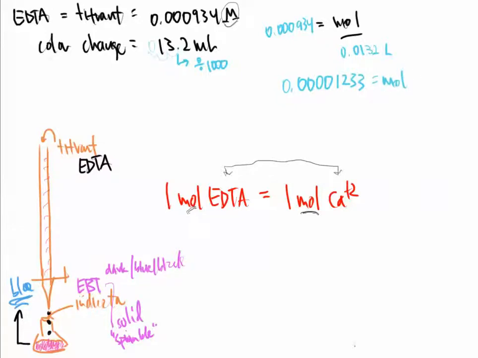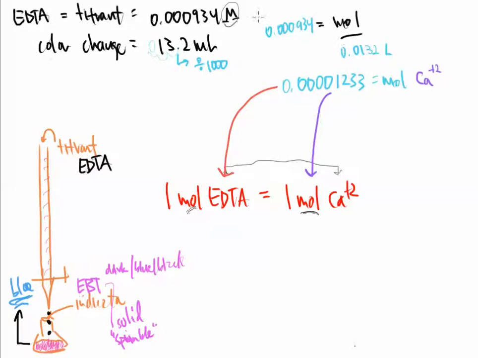That wasn't planned. Okay, so this is the number of moles of EDTA that it took to titrate this sample. But you know what? It's also the same exact moles of my calcium as well, because it's a 1-to-1 ratio. So this is 0.00001233 moles of calcium.